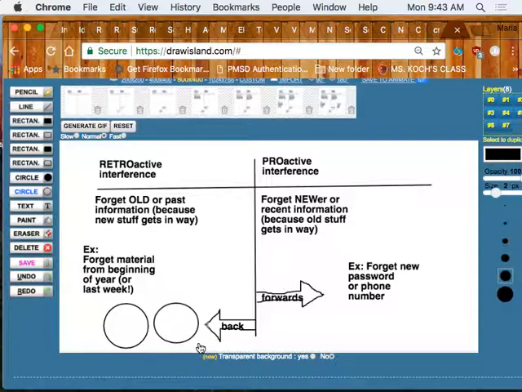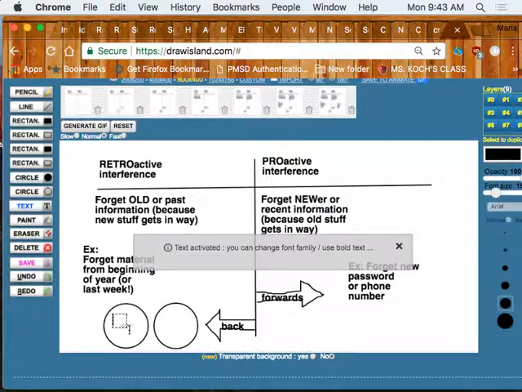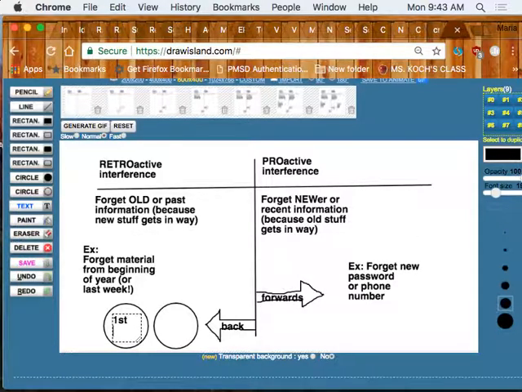So you could think of it almost like the first thing you learned or the old stuff, versus the second thing you learned or the new stuff. And then we could have that in both sections.